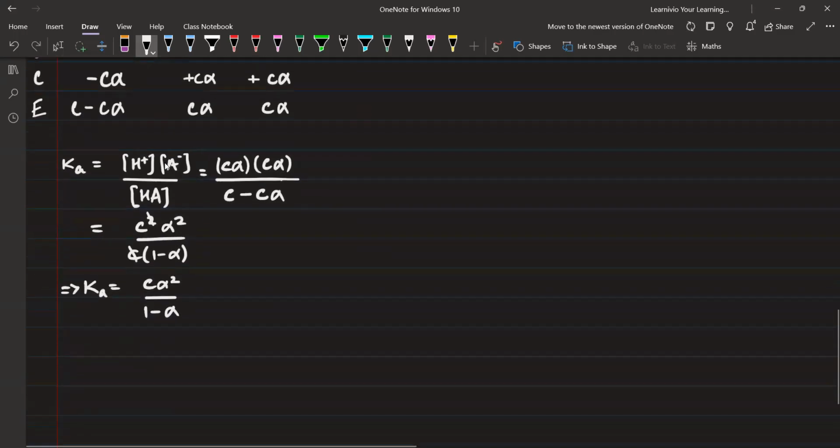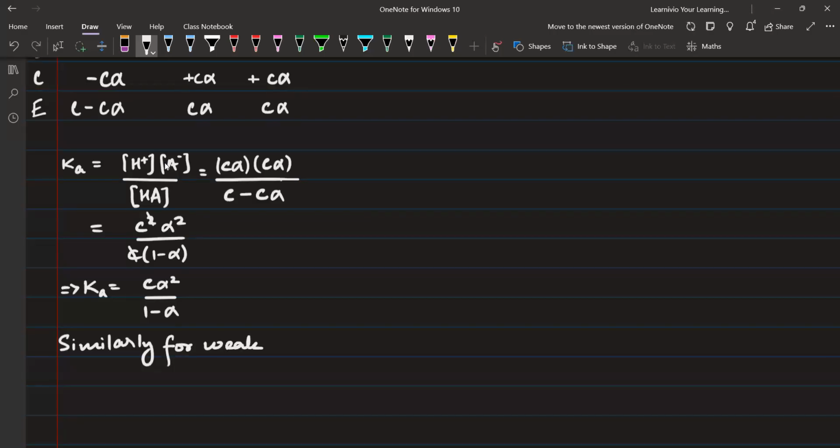Now, can I write it like this? Similarly, for weak base, Kb will be equal to C alpha square upon 1 minus alpha. Correct?